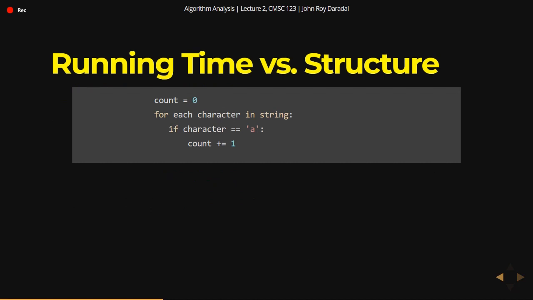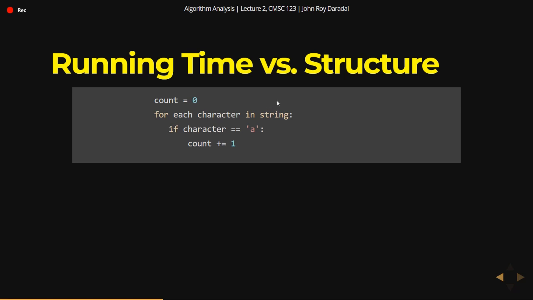in some algorithms, the running time is also affected by the input structure, just like in this piece of code. Let's take a look at this one. We are counting the number of A's in the string.